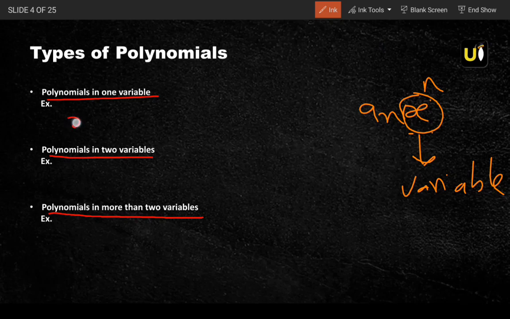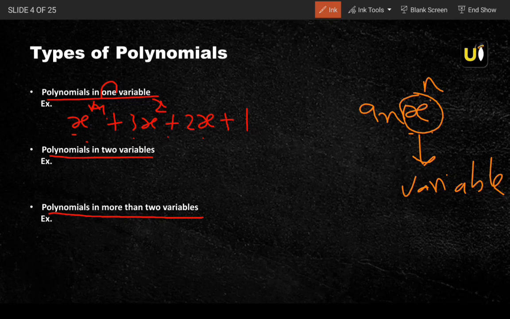Basically, a polynomial in one variable means the polynomial will contain only one variable. It may be x, it may be y, it may be z, it may be anything, but it will contain only one. Then next, coming to a polynomial in two variables. So let's write an example: x^2 + y^2 + x^4 + y^4. So here we are having two variables x and y.